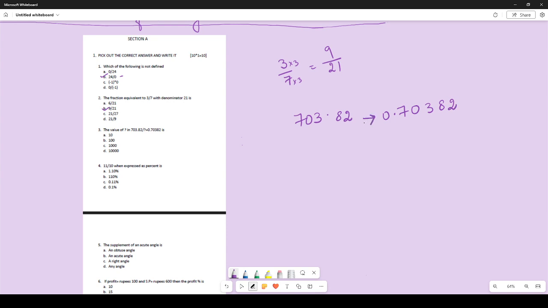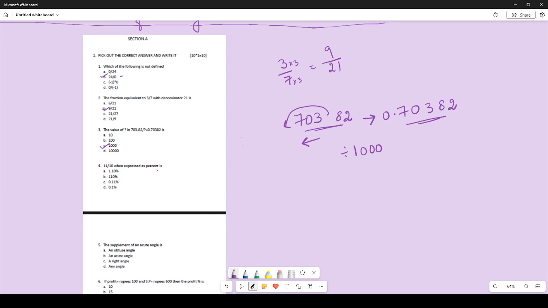To move from this part to this part, you see that we are moving the decimal 3 places to the left, and you know that to move the decimal to the left means that you are dividing it by something, and it is moving 3 places to the left, so that means it needs to be divided by 1000. So this will be the correct answer.